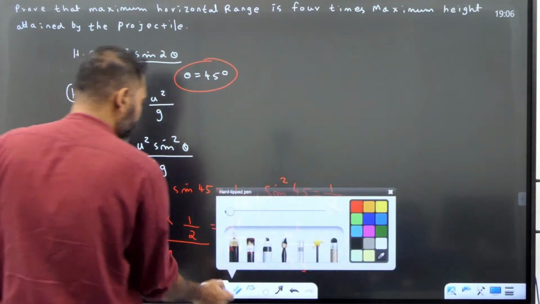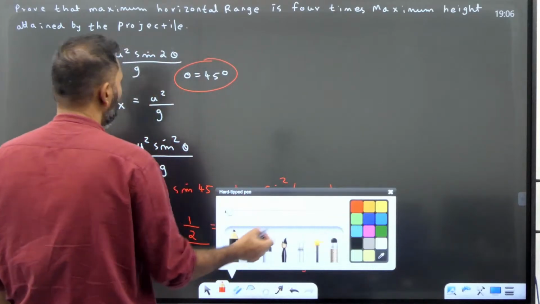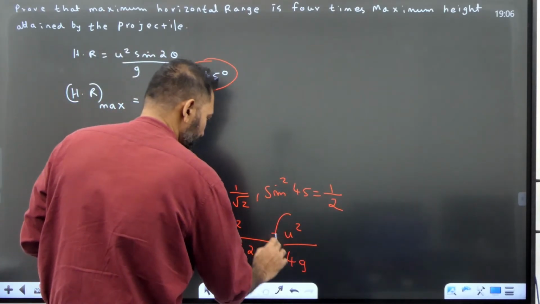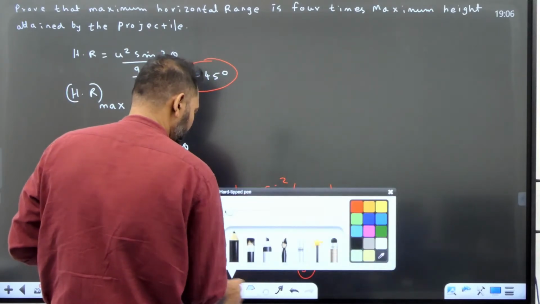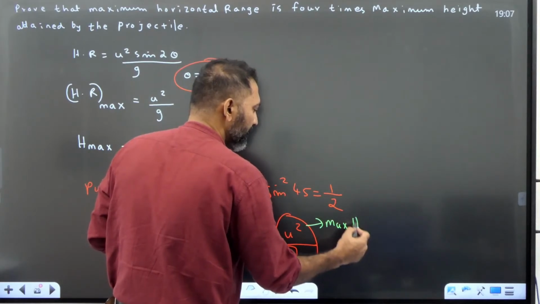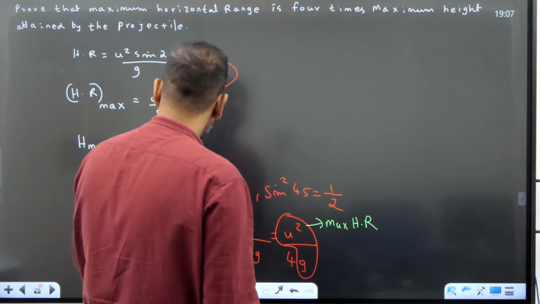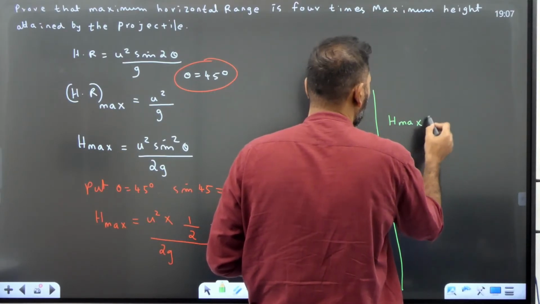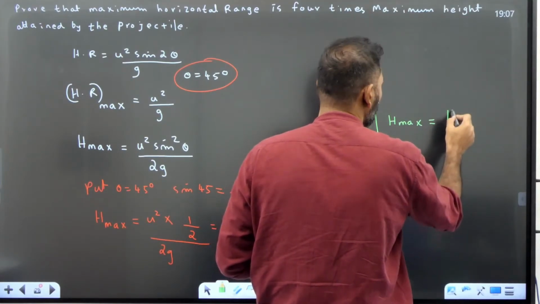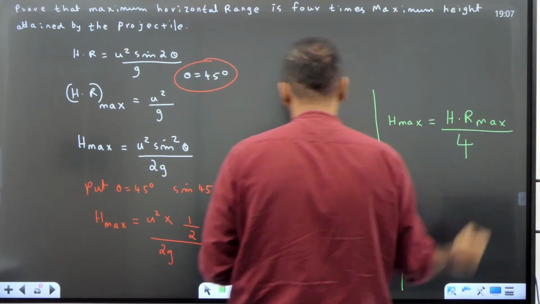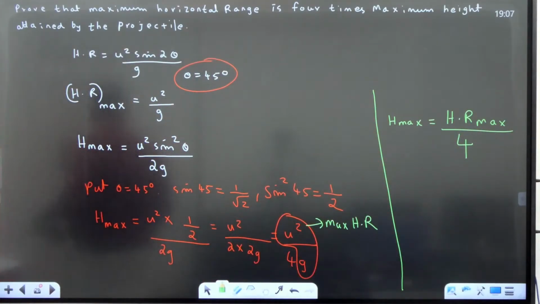But we have already seen that maximum horizontal range is U square by G. So maximum height is equal to maximum horizontal range divided by 4. Any doubt? Any doubt, students?